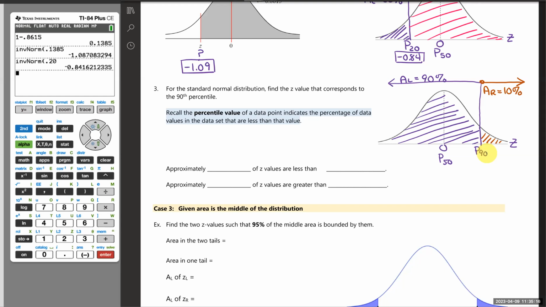All right, so let's find that z-score. So that z-score, we're looking for the z-score that represents the 90th percentile. And we know that the area left of that number is 90% or 0.90. So we can just inverse norm that area to the left of it.